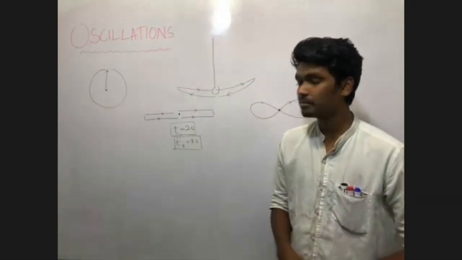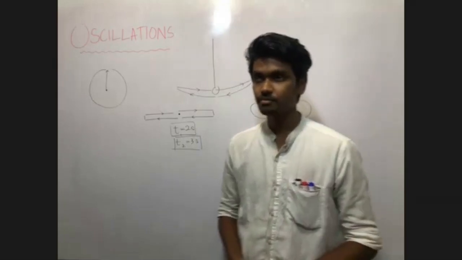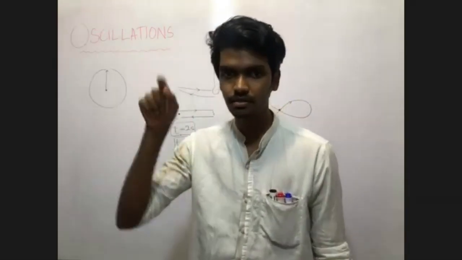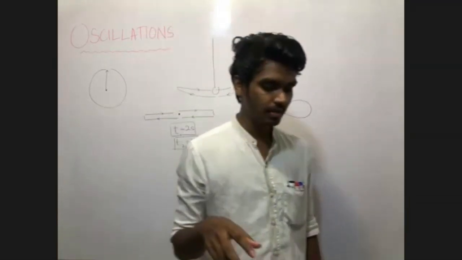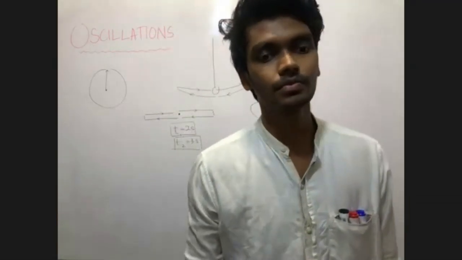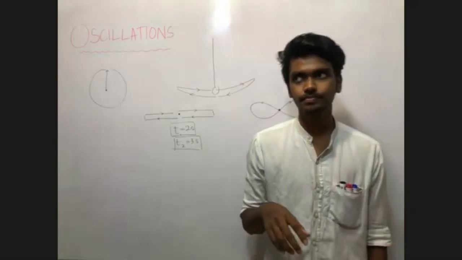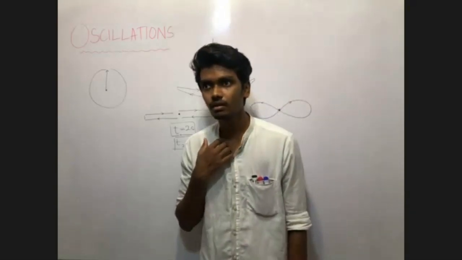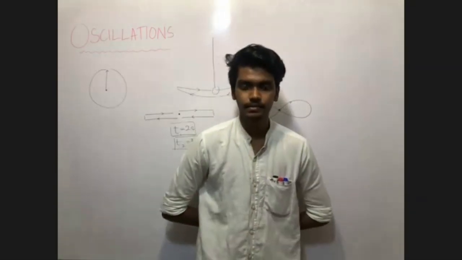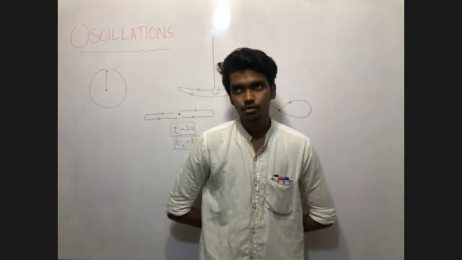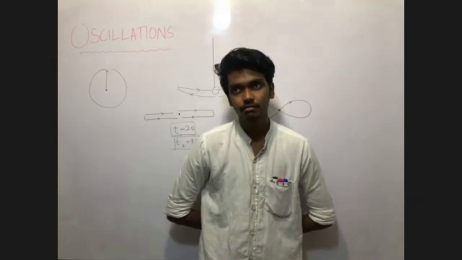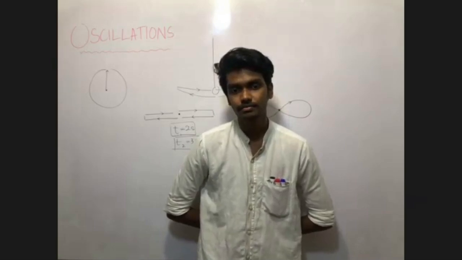Examples of some oscillations. Example, first one, motion of a pendulum. Second example, wire of a guitar.